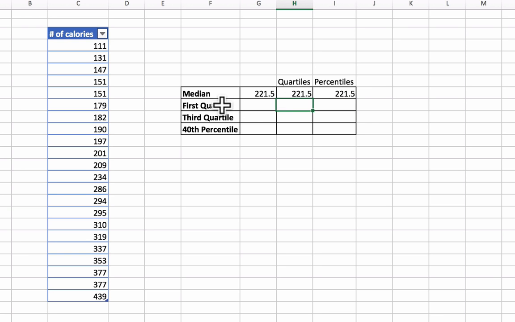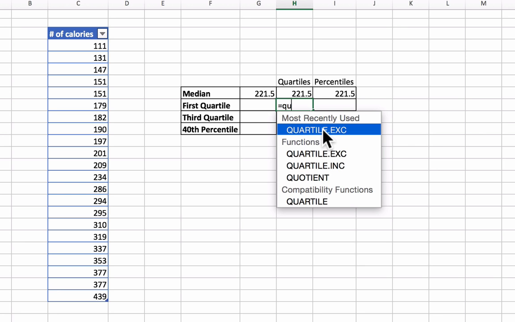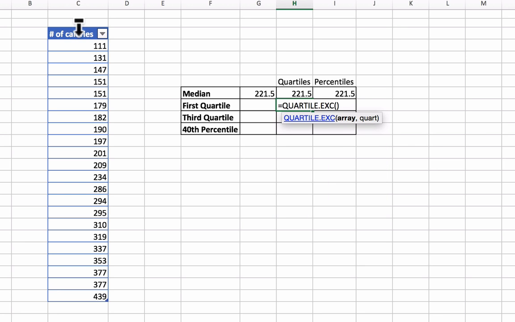Now, for calculating the first quartile, there's a couple ways that we can do this. The first one is using the quartile function. Again, highlight the array. And for the first quartile, we have to put in 1.